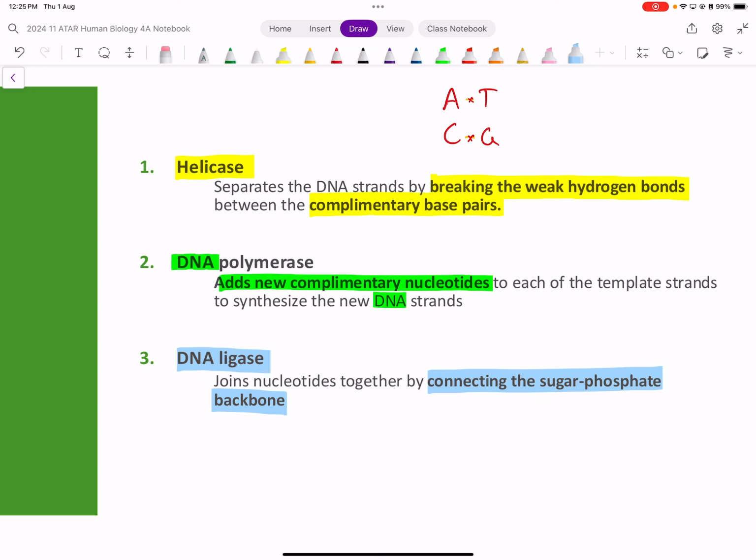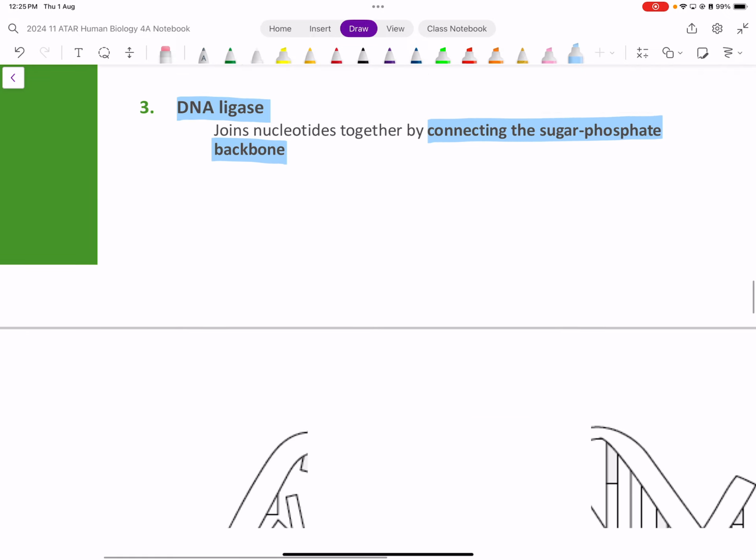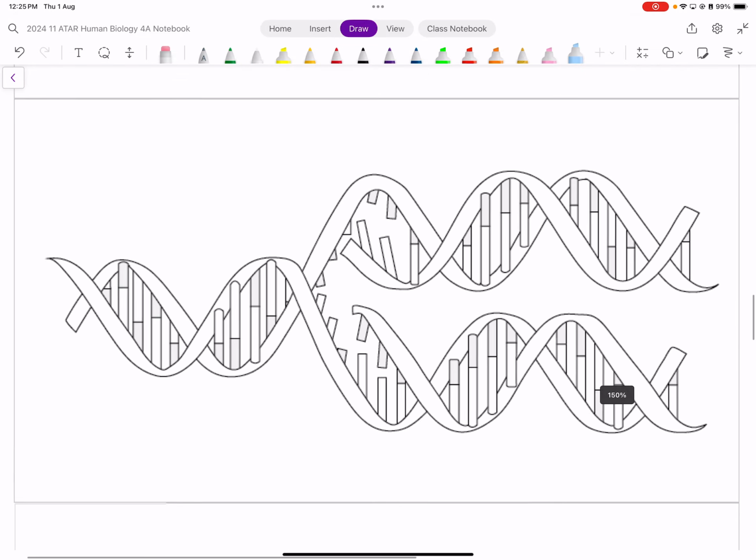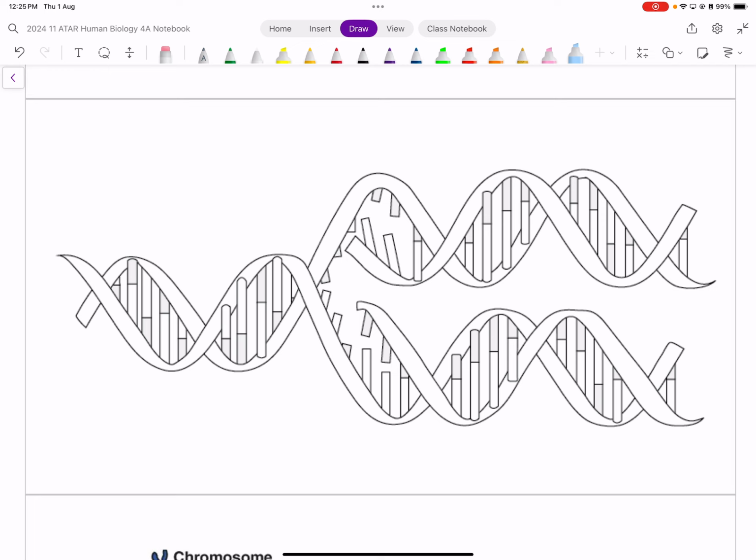What we'll look at now is a nice image, and I'd really strongly suggest that you have two colours. So ideally 2 highlighters or 2 pen colours. Here's the diagram from your book.